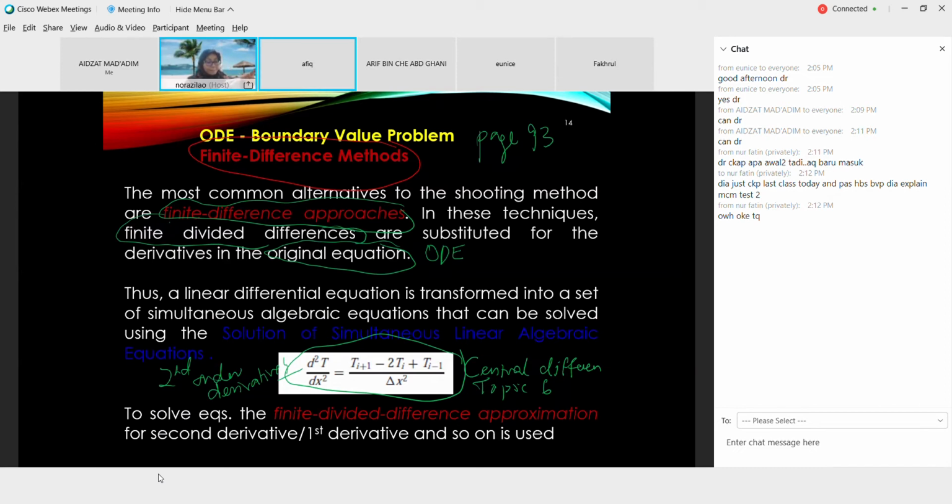Second derivative. Yeah? Second derivative. No, first order derivative. Which one do you need? Try to state the formula. f(x), function x, first derivative, right? Yes, first derivative.